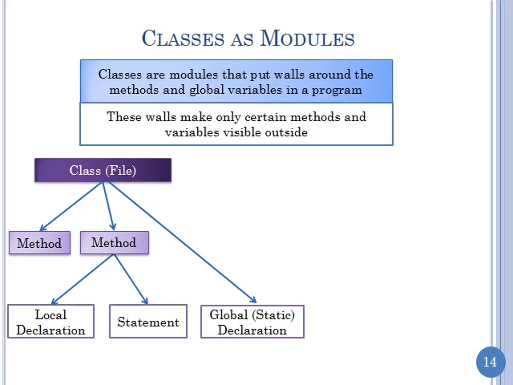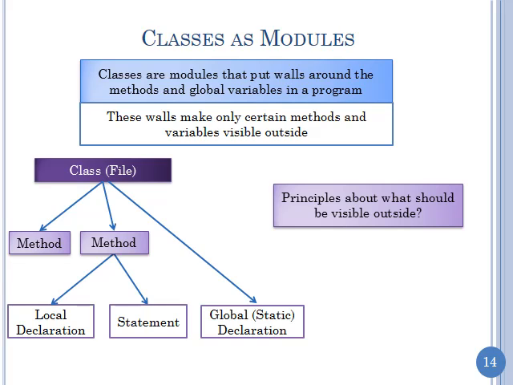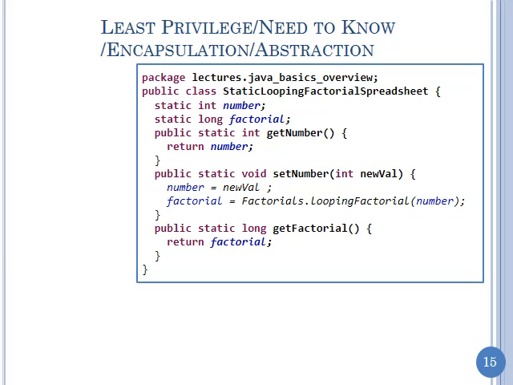Okay? So, the principle about what should be visible outside: we know what can go wrong, and there are fine details you have to think about, that things got constrained. It's called the least privilege principle, where you give the least privilege to a user as is possible, so that they can do the task, no more.